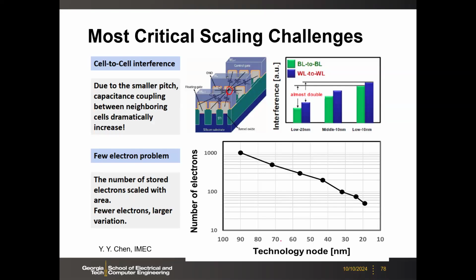So here you see the scaling trend. As you move to sub 2 nanometer node, you may only have dozens of electrons there. So any fluctuation in the number of electrons will result in a VTH shift. Then that's tricky.